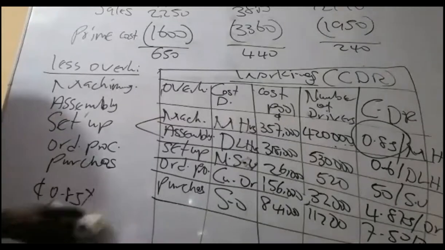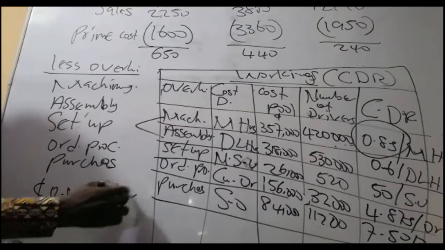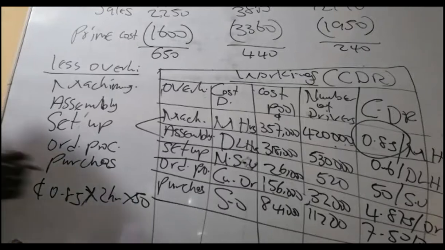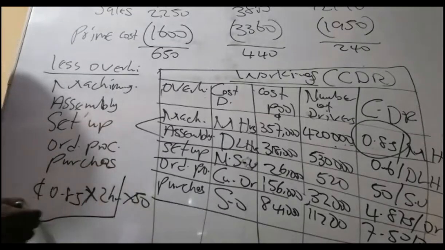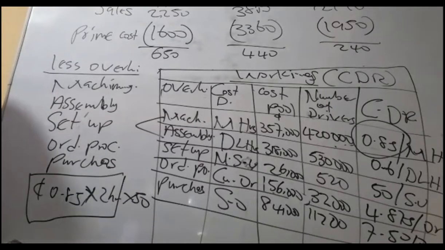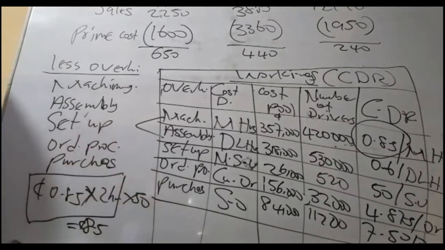Now, first, I'll multiply by the 2 hours before the 50 units. Here we want it in totality, not just per unit. This is the per unit basis, and this is the units produced. So at the end of the day you get 85. Can you use this as a guide to fill in the remaining portion?